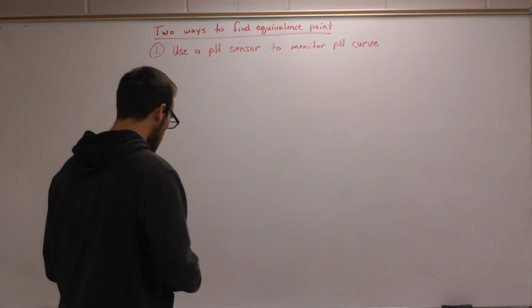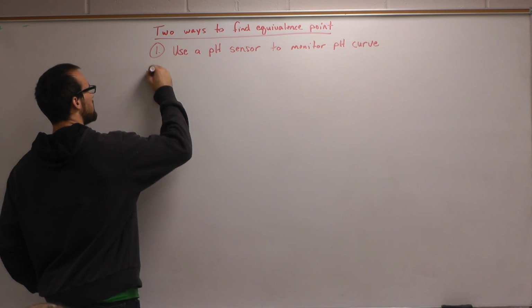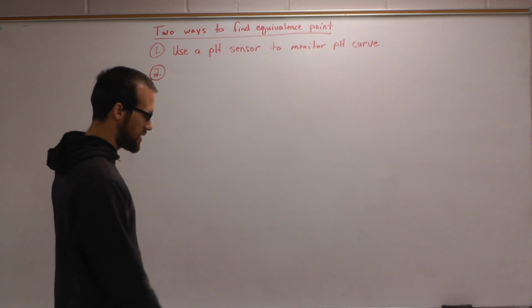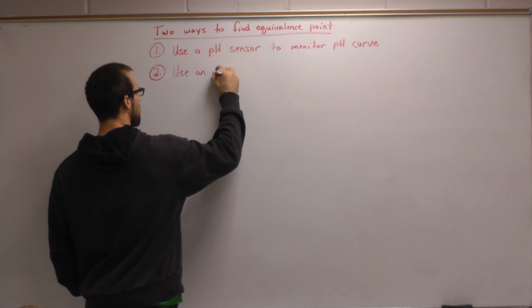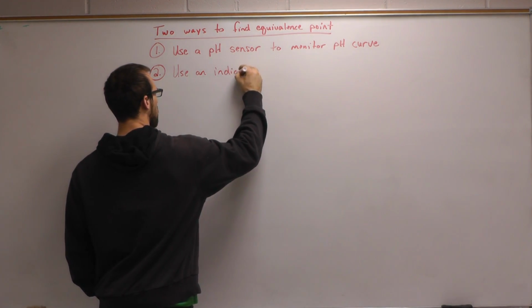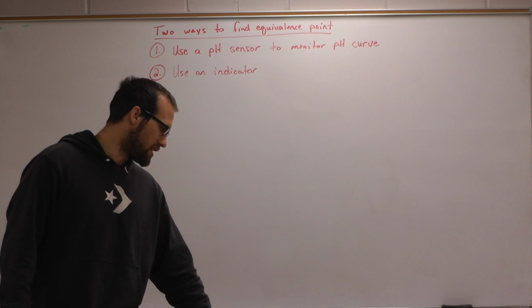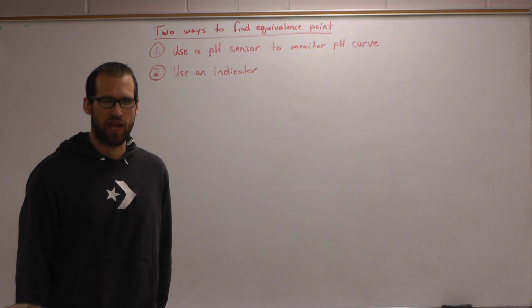Okay? The second method, and we actually a lot of times use both just to get practice with how an indicator works, we would use an indicator. What an indicator does is it marks the endpoint of a titration by a change in color.